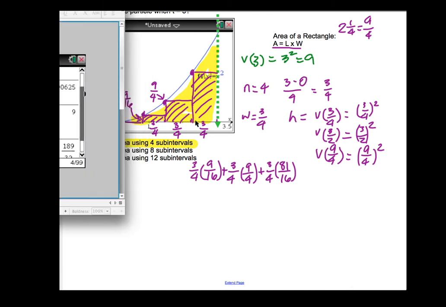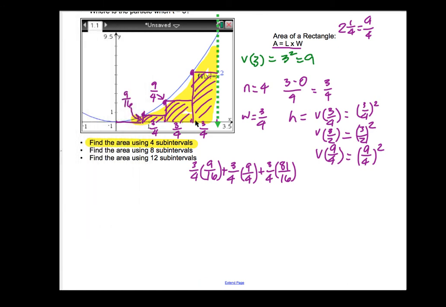All right, so working it out with my math, using my calculator, I got 5.90625. And so this would be the area under the curve.